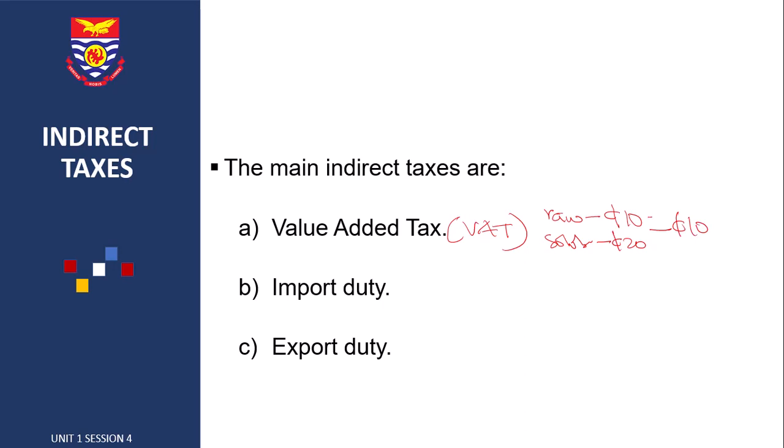So the taxation will just be on the 10 cedis, not on the whole amount. So I'm taking the definition again. It is the tax applied on the value added to goods and services at each stage in the production and distribution chain. Also, value added tax is treated comprehensively in the last unit of this module.